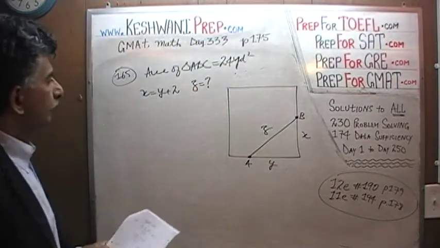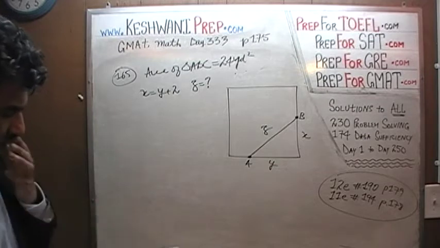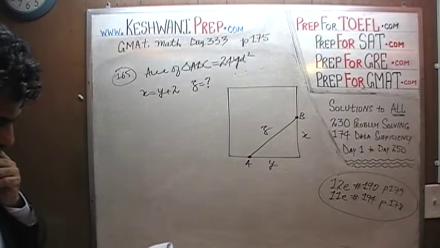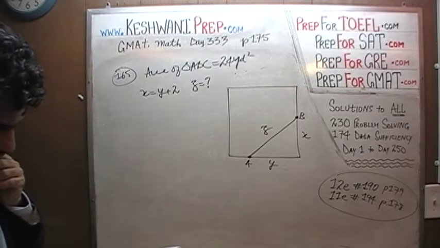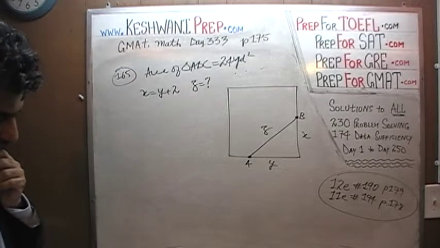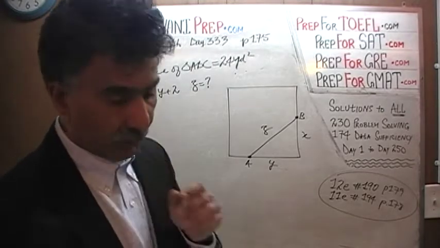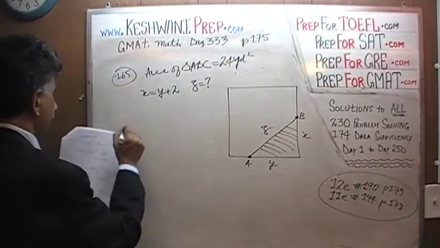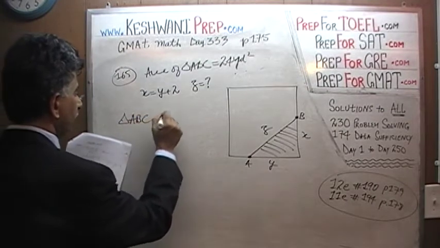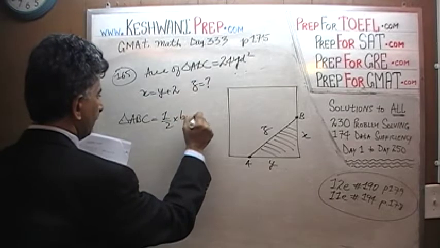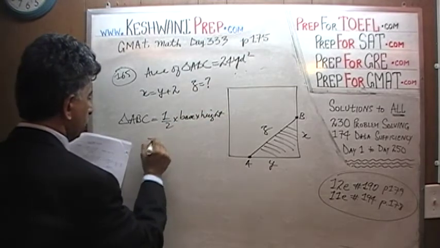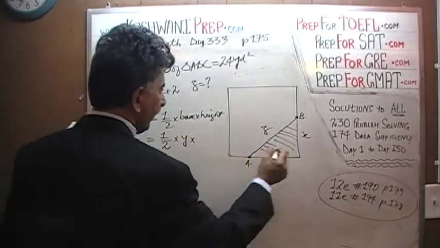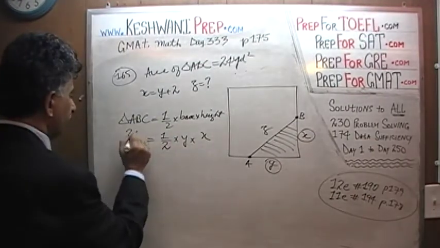Well, let's see what we can do. What is it that you're looking for? The area of the triangle we are told is 24 square yards. Why don't we make use of that information? Area of this triangle right here. So area of triangle ABC equals 1/2 base times height, 1/2 base, which is y, times height, which is x, equals 24.